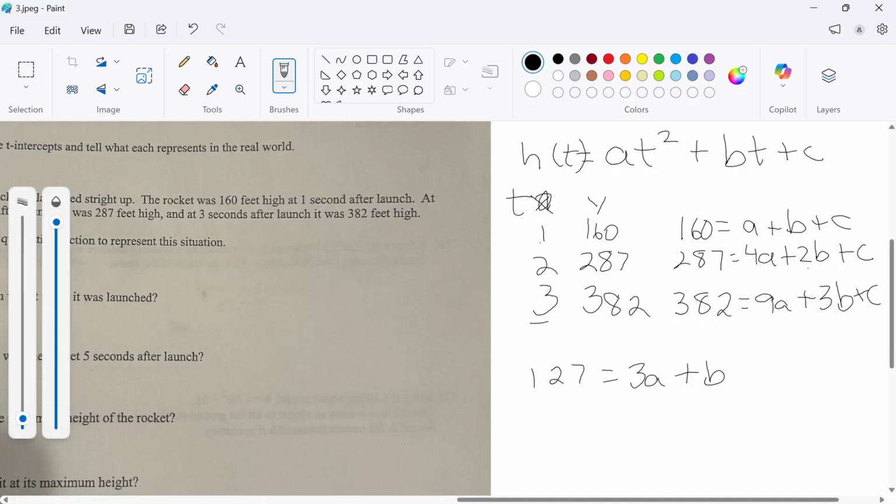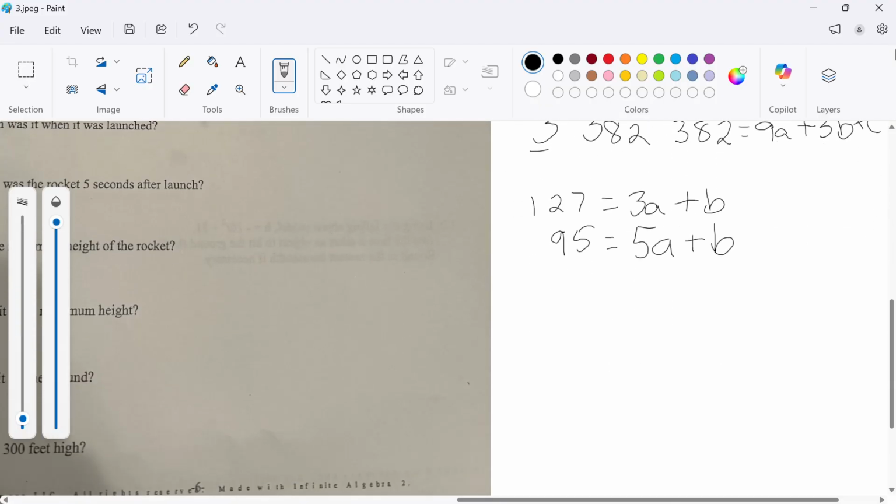And then I will subtract the second equation from the third. 382 minus 287 is 95. 9a minus 4a is 5a. And 3b minus 2b is b. And c minus c is 0. So now 2 equations, 2 unknowns. I will subtract the second from the first.